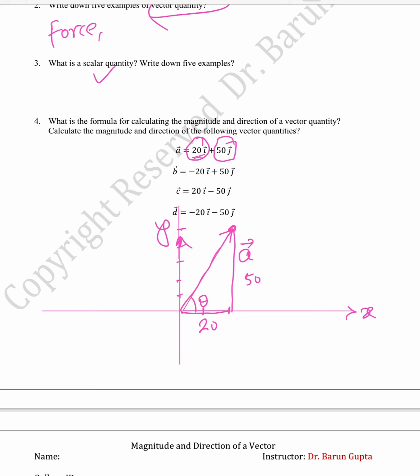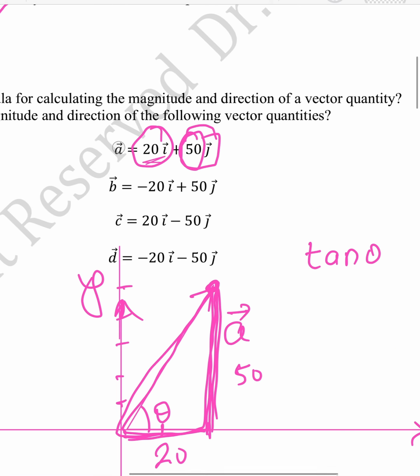And how do you find it? In this right angle triangle, the tangent theta will be the rise over run, or 50 divided by 20. In simple words, it is the y component over the x component. What is my y component here? That is 50.